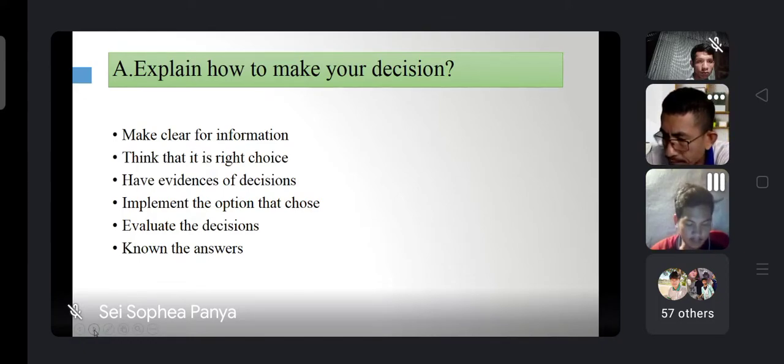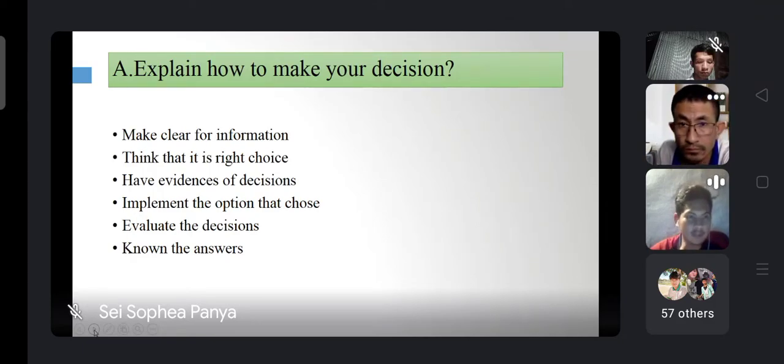For example, A is the correct answer. You choose A, and why do you choose A? Because the letter A is the correct answer, and you have evidence. You know the answer clearly.